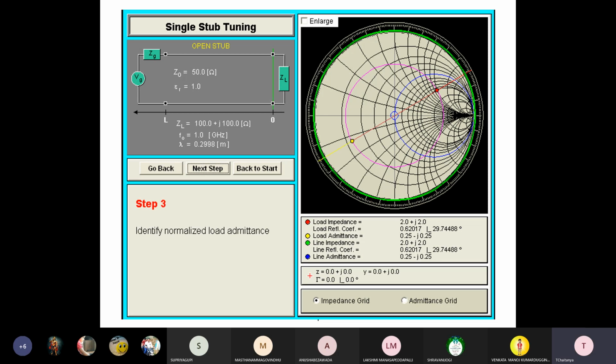Third step, identify the normalized load admittance. Opposite to the impedance we find the admittance. If it is the impedance, we can extend this red line, and that line will meet the pink circle, and then this can be considered as the admittance.